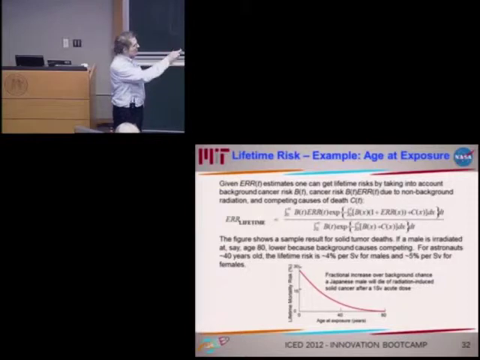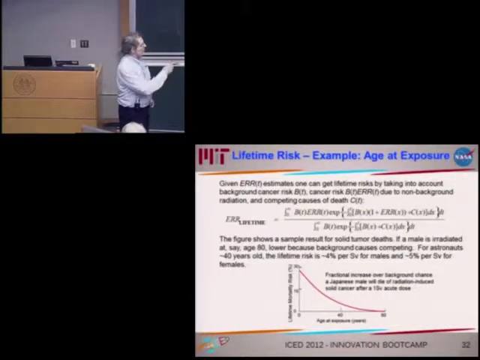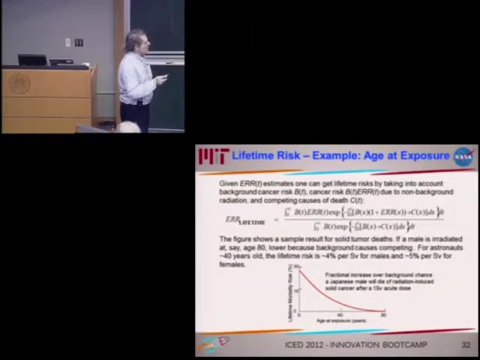So the denominator is the lifetime background cancer risk. It could be for mortality or for incidence, either endpoint, with the respective function applied. In the numerator, one's doing the same thing, but now you're saying, okay, suppose up to time t, no cause of death has occurred.